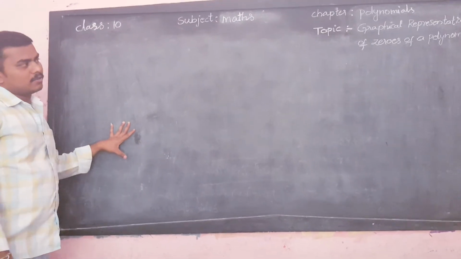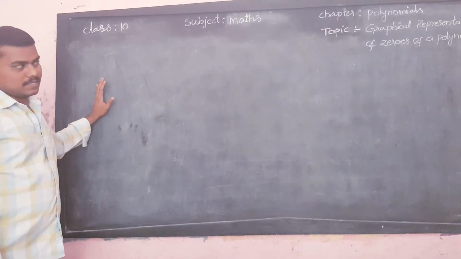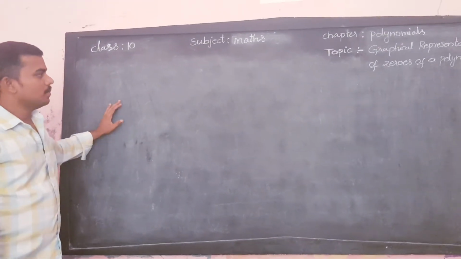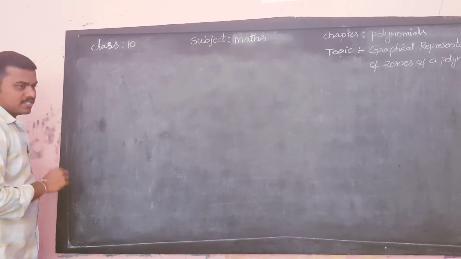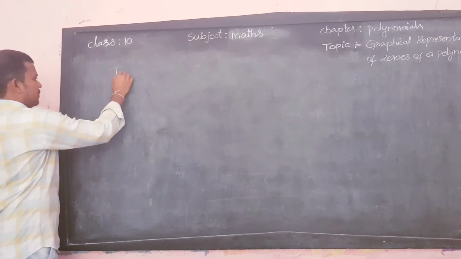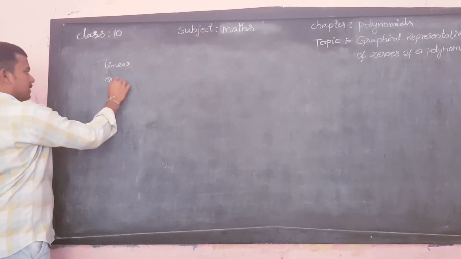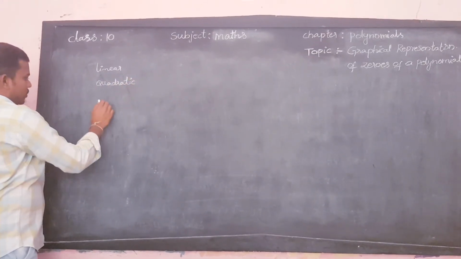We have learned in 9th class that the graphical representation of a linear polynomial is a straight line. In 10th class we have to learn the graphical representation of linear polynomials, quadratic polynomials and cubic polynomials.